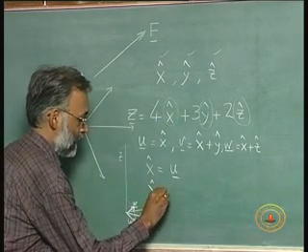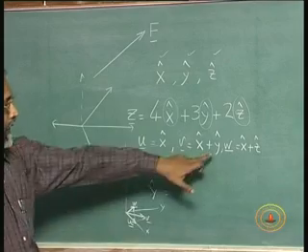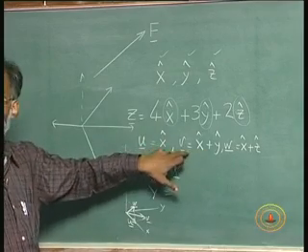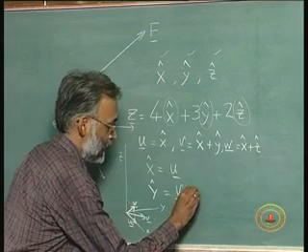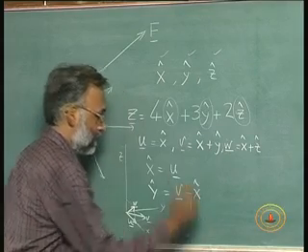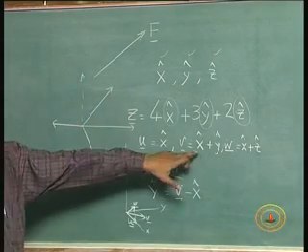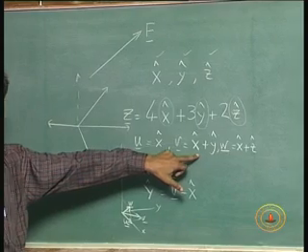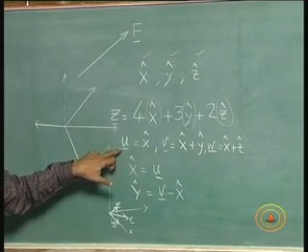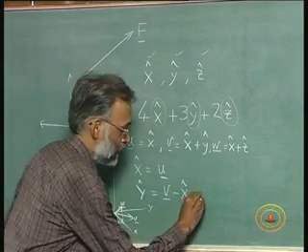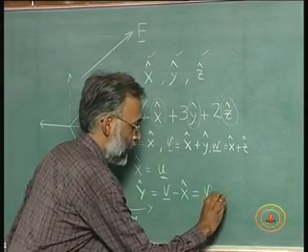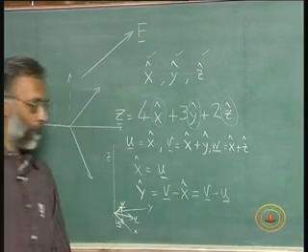Y hat, well, y hat appears only in v. It is equal to v minus x hat from this equation. But x hat itself is u. I have already got that equation there. So, it is equal to v minus u.